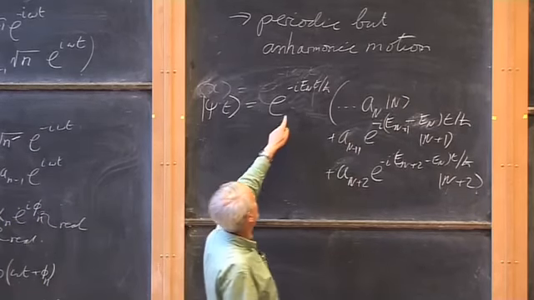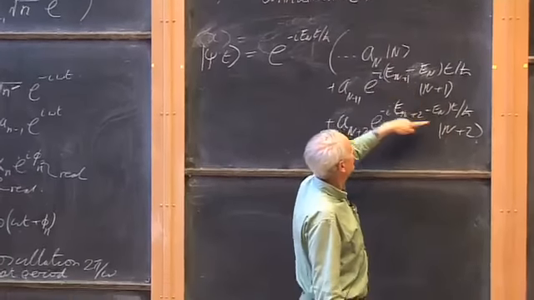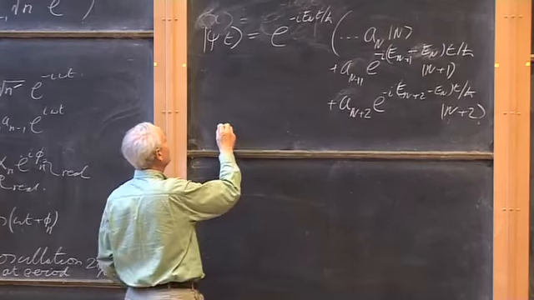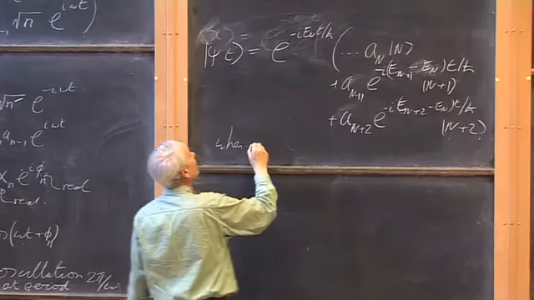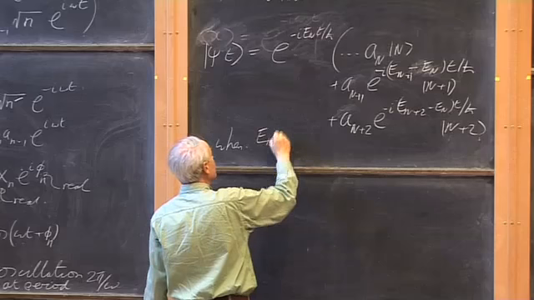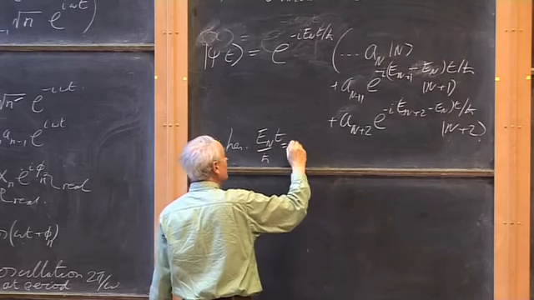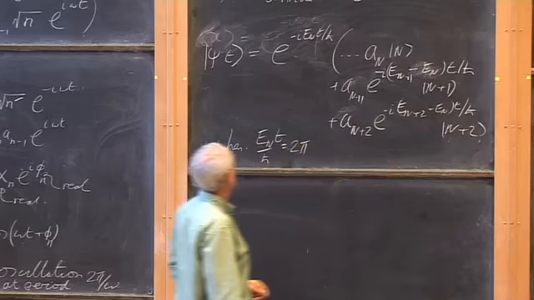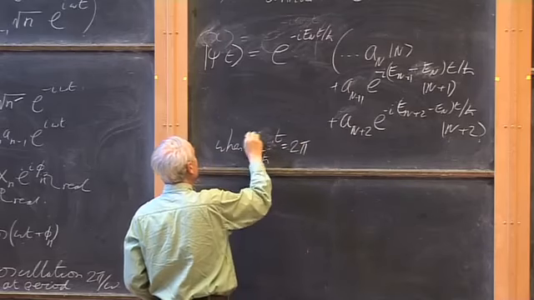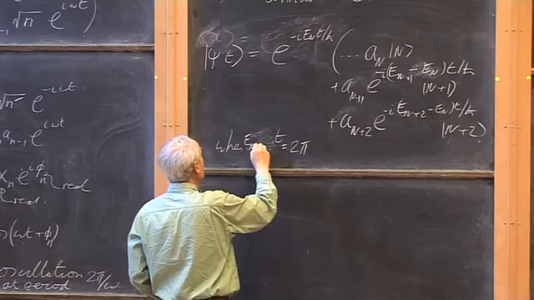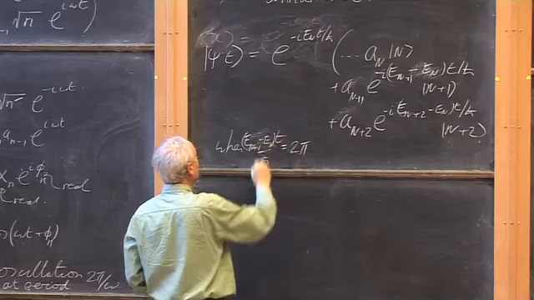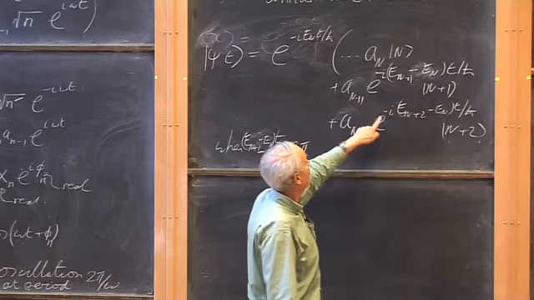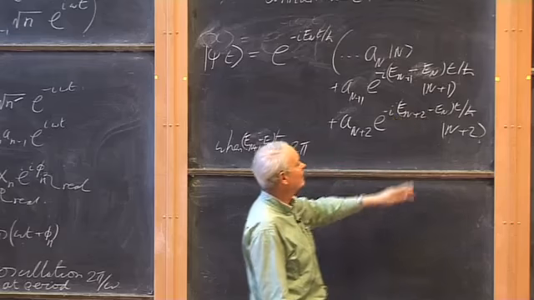So to a lowest order approximation, these differences here are all multiples of a common frequency, and after a period, when (E_(n+1) minus E_n) t over h bar is equal to 2 pi, after the time it takes for this to come around to 2 pi, this will have come around to 4 pi almost, and so on and so forth.